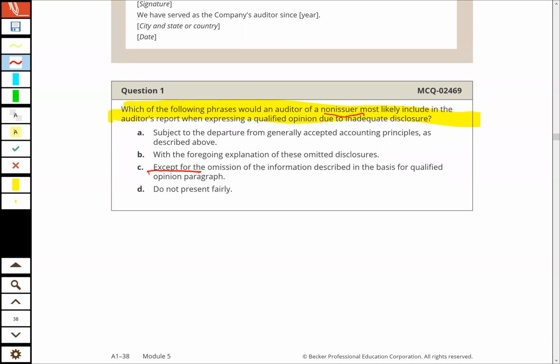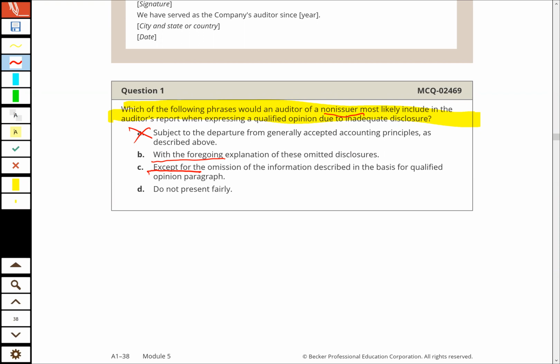A couple of us picked A here. Nowhere did we say "subject to." We never even used that phrase. And we never said "with the foregoing explanation." That was never anything we looked at.